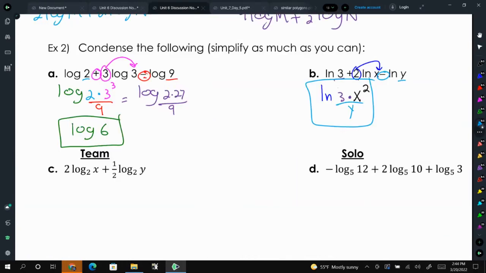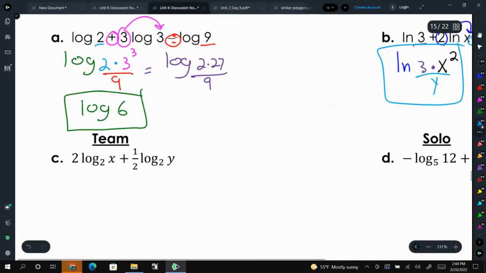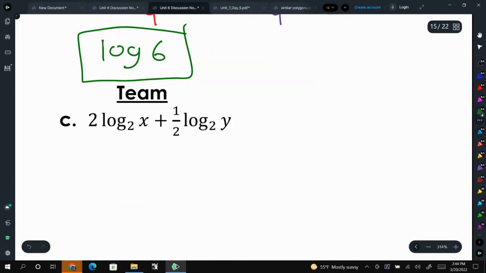So I'm going to go ahead and do these two down here as well. So I'm going to bring this 2 up and bring this 1/2 up.